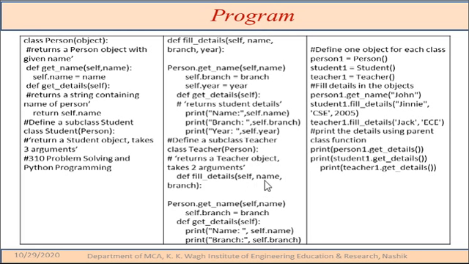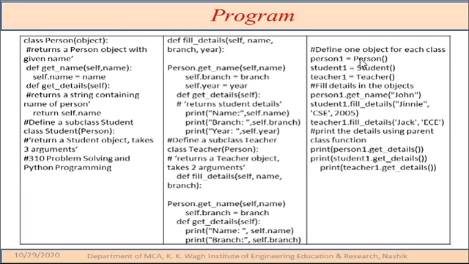For the teacher I am only using name and branch, and for the student class I am using fill details as name, branch and year of that student. Likewise the details I have considered here for the base class as well as for the child classes.